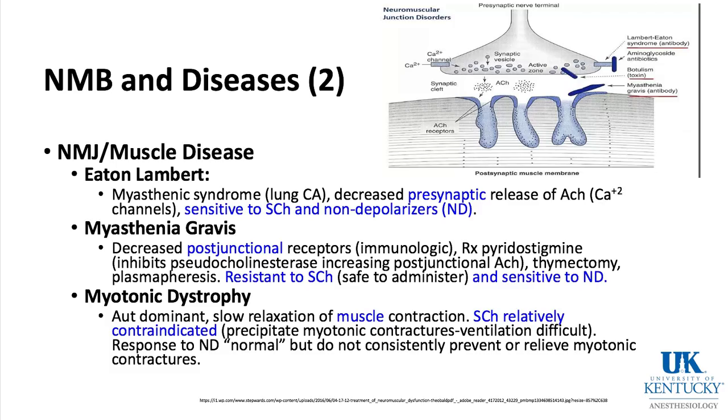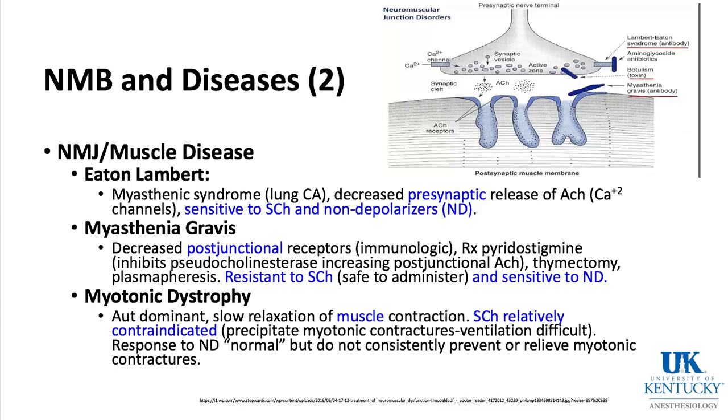So they tend to be resistant, as opposed to the myasthenic patient being sensitive to non-depolarizers. And the way I like to think of that is there are very few post-junctional receptors. Now you don't need much rocuronium to compete with those few little receptors left, and you can make them weak very quickly with very small doses of rocuronium.